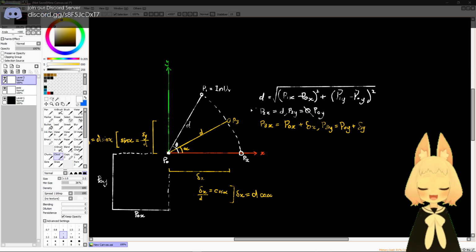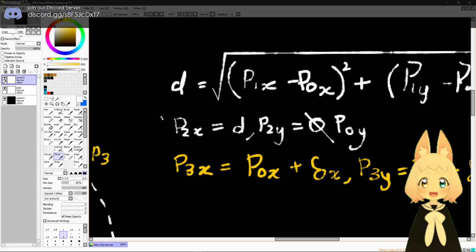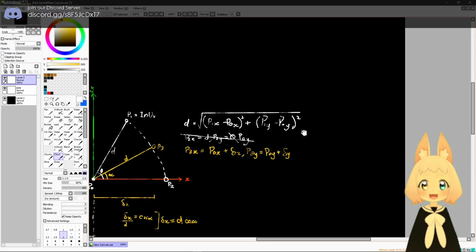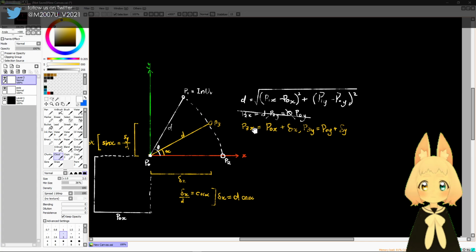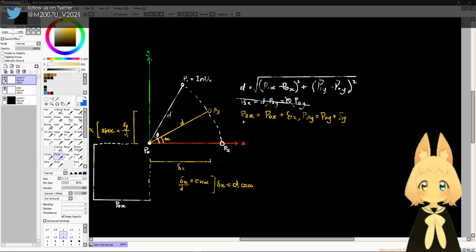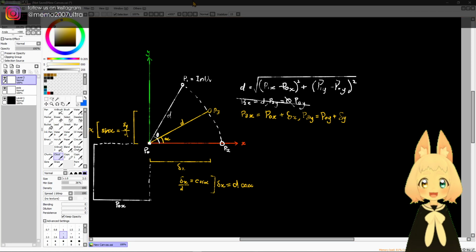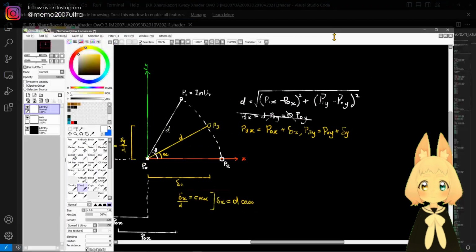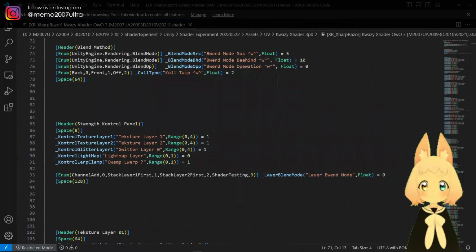Yeah, it seems like there's no need to calculate P2 because once we have D, we can just pull D inside and then we just get P3. Yeah, let's do that. So let's put this aside and then let's do this.